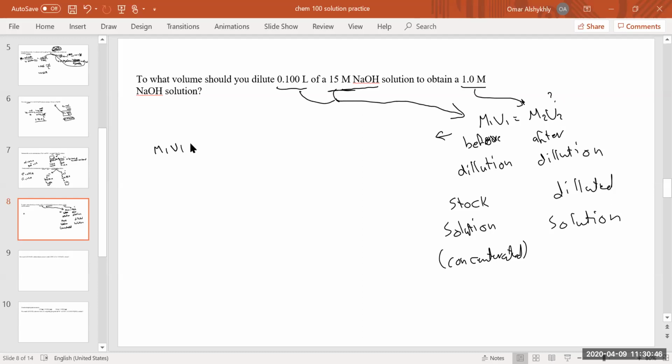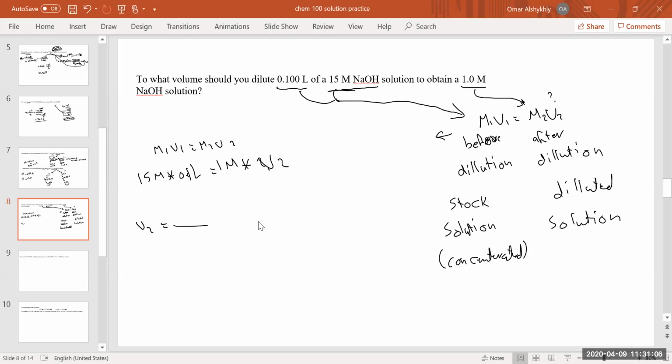So M1 V1 equal M2 V2. Here the M1 is 15 molar times the volume 0.1 liter equal the M2, 1 molar, times the V2, unknown. Let's keep it V2.